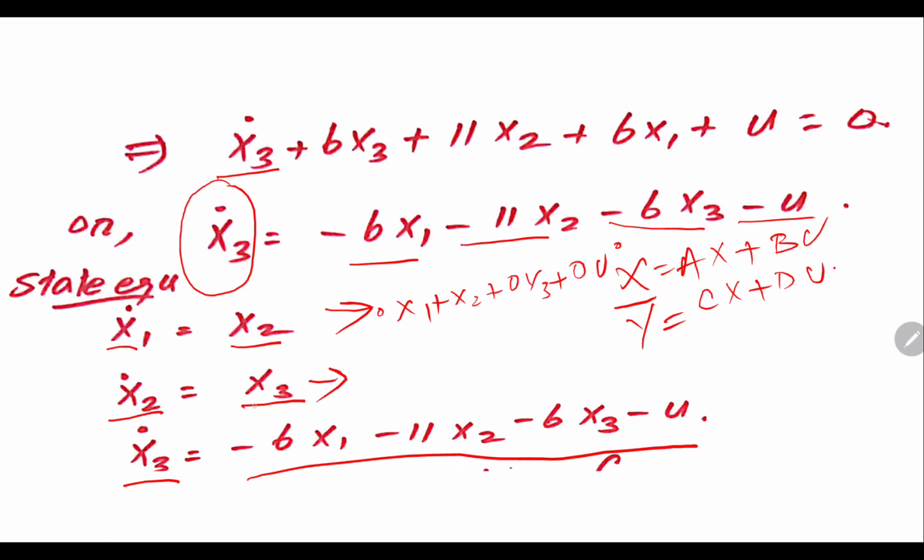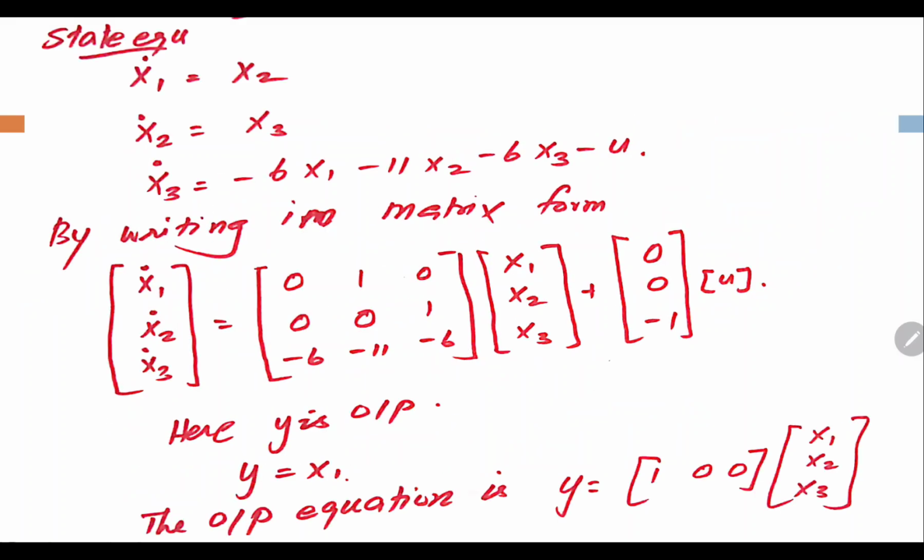Similarly, for the second, 0 x1 plus 0 x2 plus x3 plus 0 into u. This is the way we can understand it. And in the third equation, the x1 coefficient is minus 6, x2 coefficient minus 11, x3 coefficient minus 6, and u has coefficient minus 1.